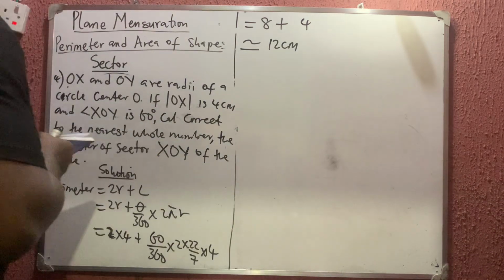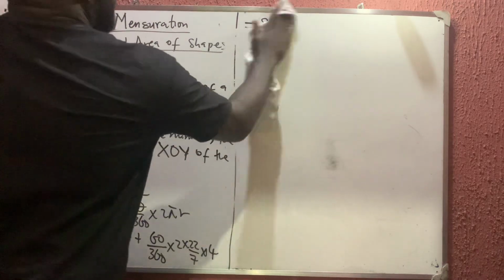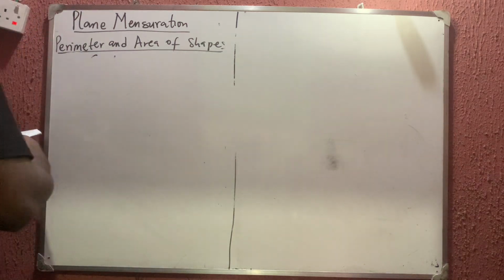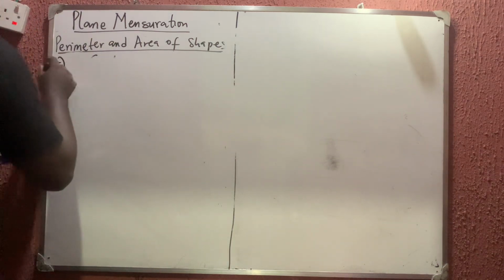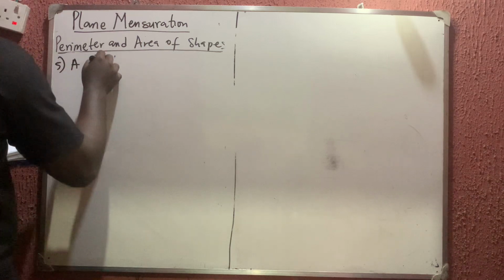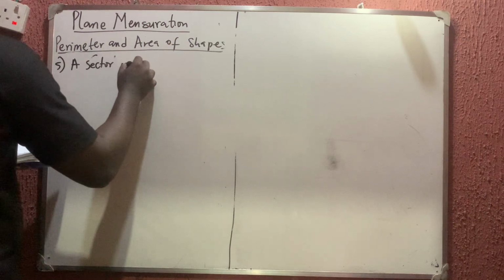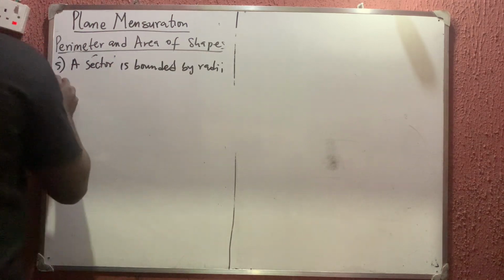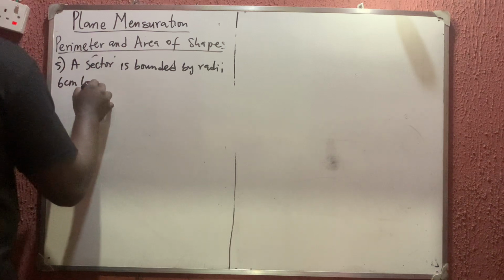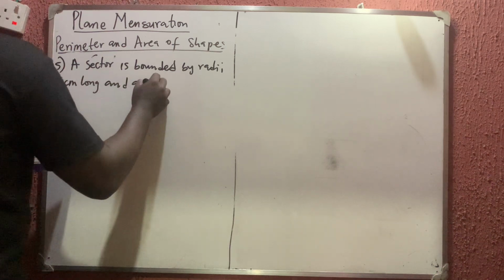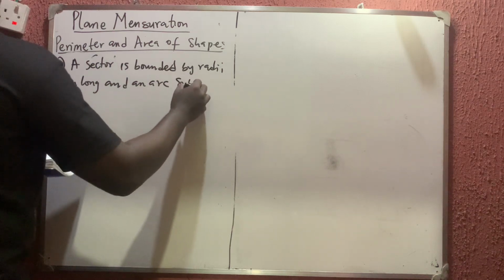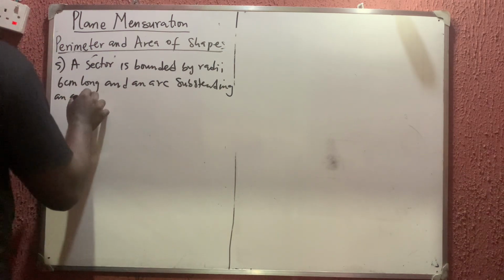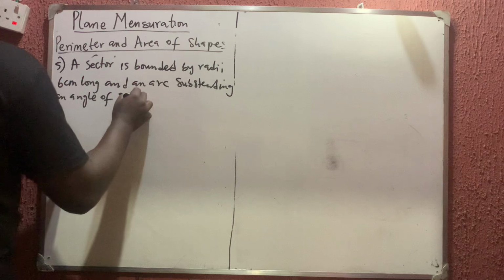We move to the next question, question number 5. Question number 5 said a sector is bounded by radii 6 cm long and an arc subtending an angle of 50 degrees.